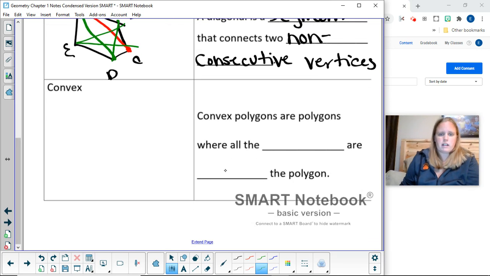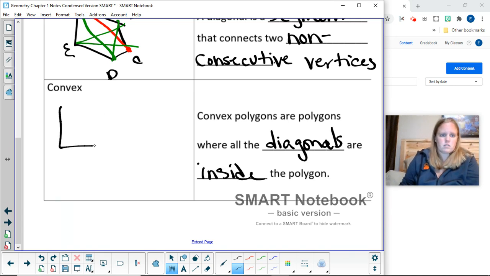So for convex polygons, it's where all the diagonals are inside the polygon. So you could do like a square, pentagon like before, hexagon.